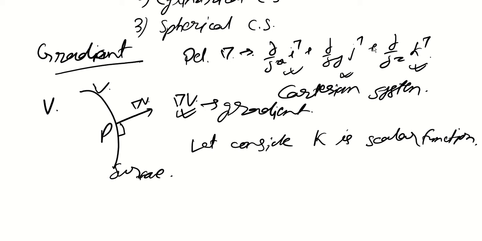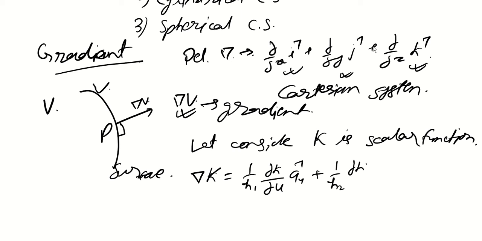So gradient can be represented as del of k. Okay, so del of k will be defined as 1 by h1 dou k by dou u au, plus 1 by h2 dou k by dou v av, plus 1 by h3 dou k by dou w aw.